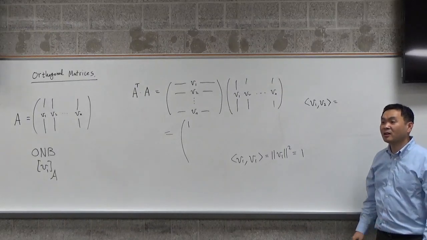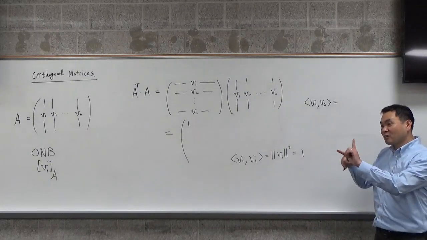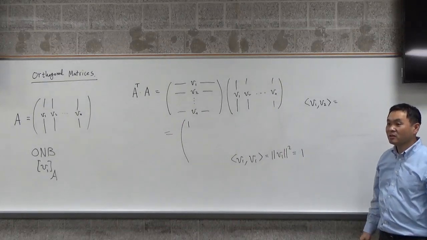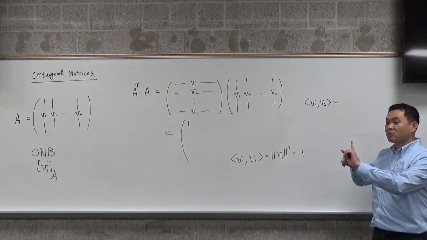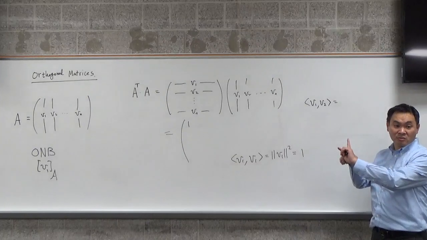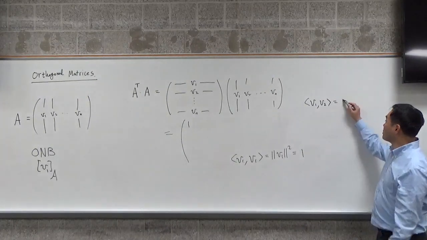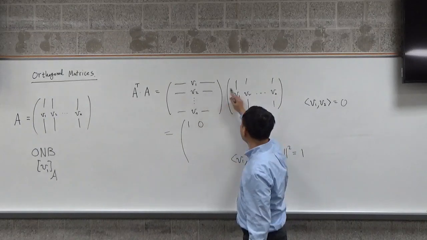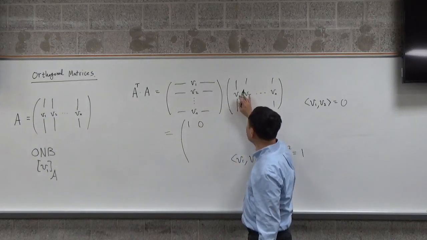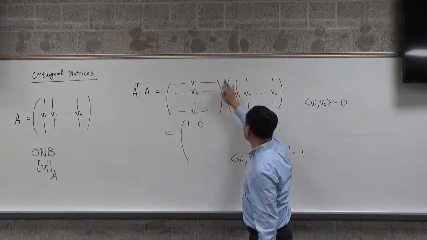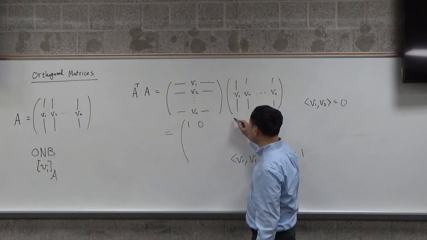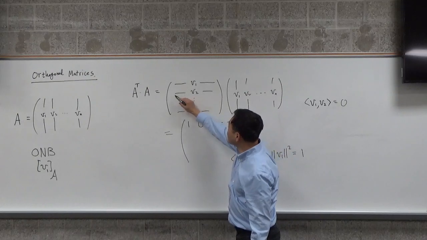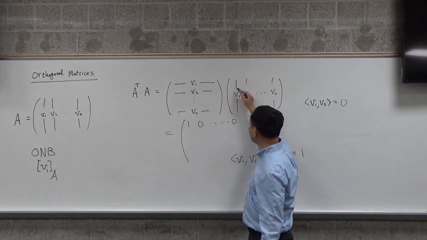They're perpendicular, and two perpendicular vectors have dot product 0. That will be true for anything else: other than V1 itself, this times the next one, until the last one, will be all 0. Then you go to the next line.